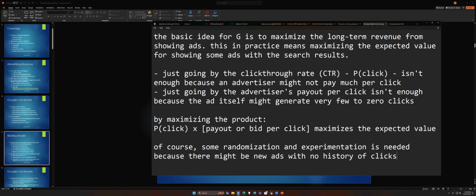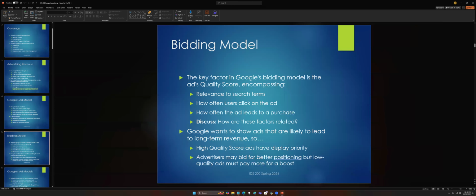And the other thing, of course, users might have seen the same ad many times. So even if an ad in theory would have a good probability of getting clicks, if the same user has already seen it a bunch of times and never clicked on it, it stands to reason that it's probably not going to be the best ad to show that user for the 10,000th time. So that's basically the things that Google's looking at.